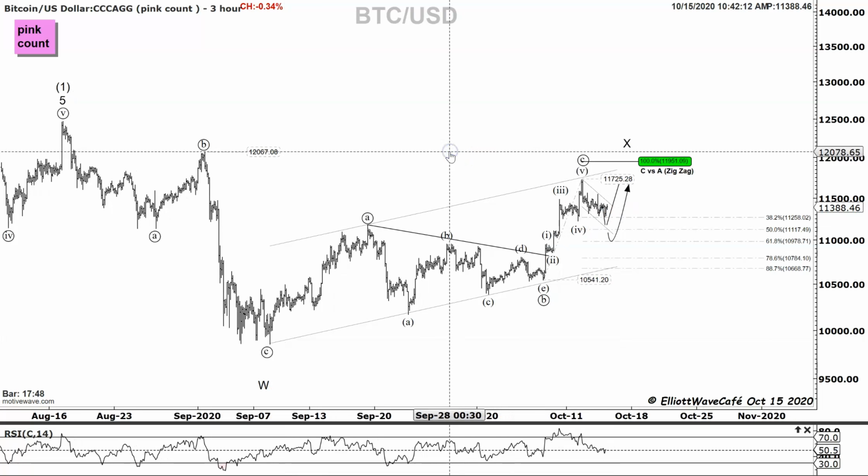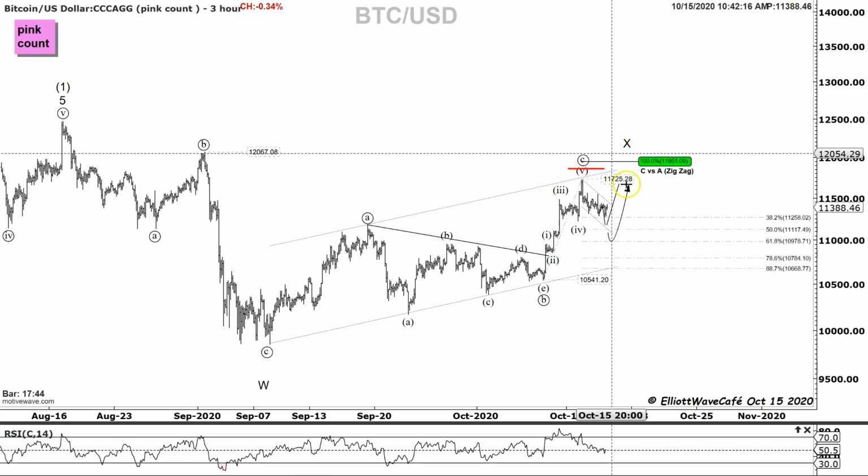If this wave C is complete up into these levels, okay, and then you have your A, you have your B, and then we have our C, that means that this pattern is done. Now, if it's done in an ABC, either we're doing an X wave lower, right, and then we're pushing up higher here for whatever.